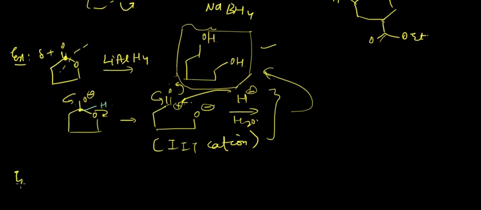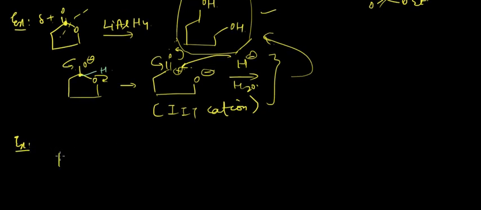Next question is, what happens when we reduce this compound? Again in LiAlH4, we'll be getting H minus here, H minus here on both sides, or H minus here and H plus here, whatever you can say.